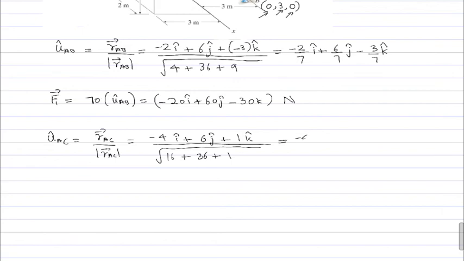That gives negative 4 over square root of 53 i plus 6 over square root of 53 j plus k over square root of 53.